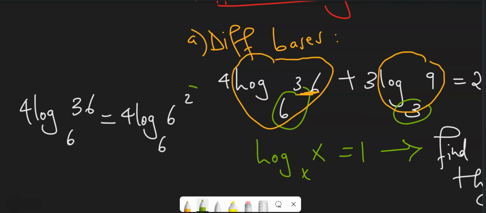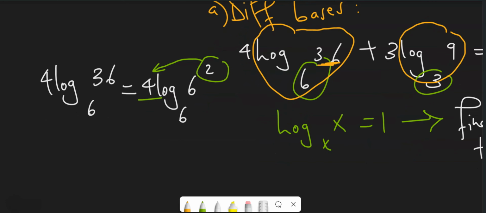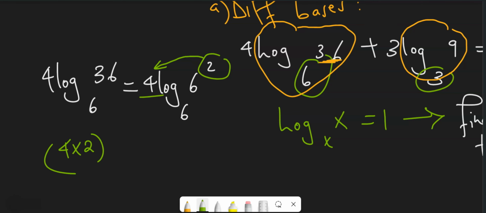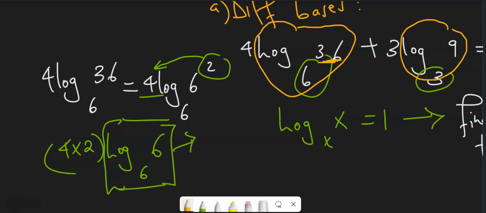So from the law of exponents we can drop this 2 to join the 4 here, so this becomes 4 times 2 log 6 to base 6. But remember, this is the same as 1. So again, we've done this whole area, so we are done with that.